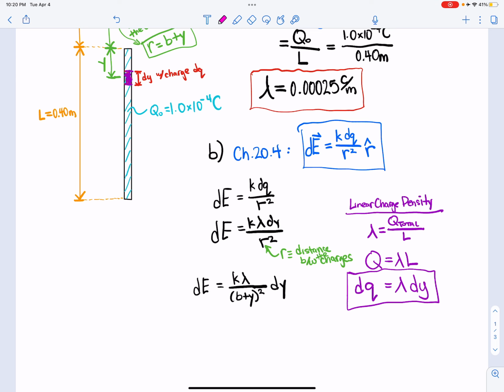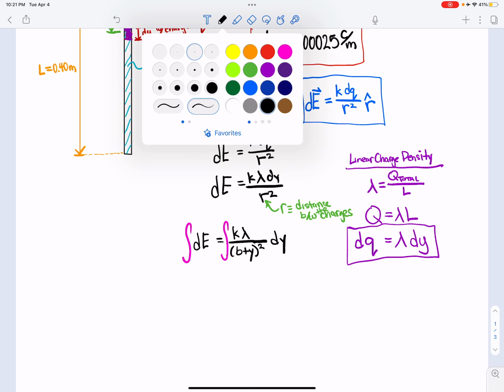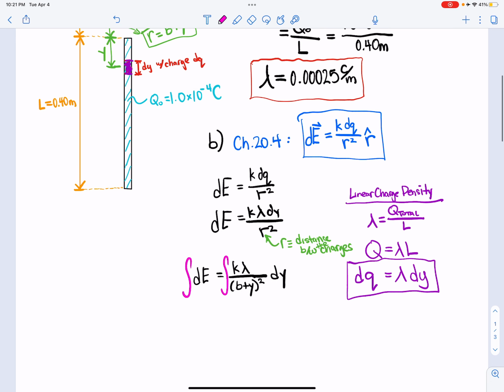So that's what I'll do. I'll take the integral of both sides of dE, and that's, by the way, the integral from 0 to the whole length of the rod, L.